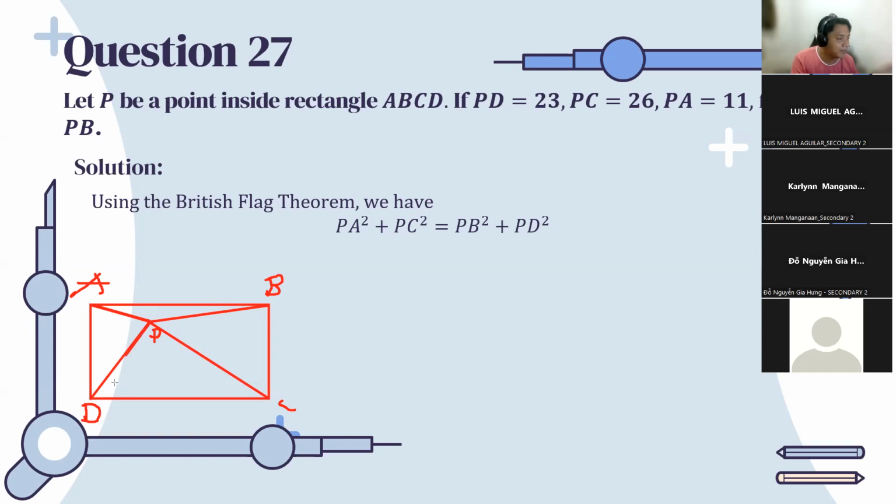So you have PB squared plus PD squared. So that is the theorem. What you just need to do is substitute and then solve for PB.